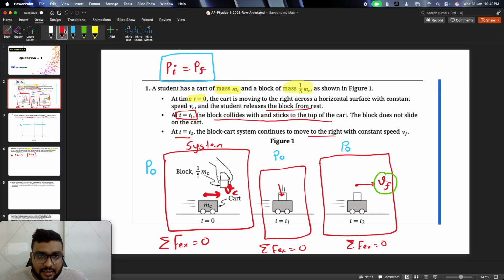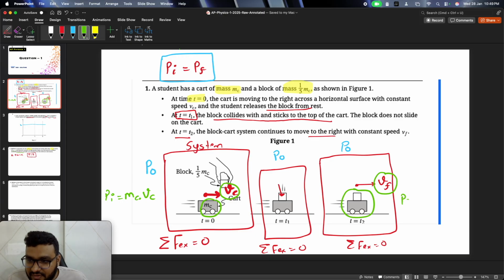I can see that in the initial case only this cart is moving, and it is moving with a velocity vc. So the initial momentum is mc times the velocity vc, and in the final condition the total mass is now the mass of the cart plus the mass of the block.